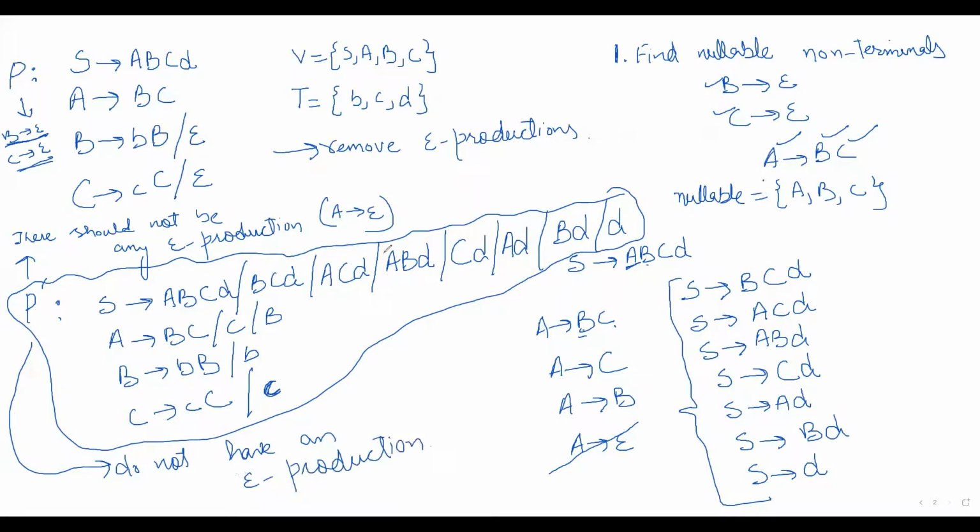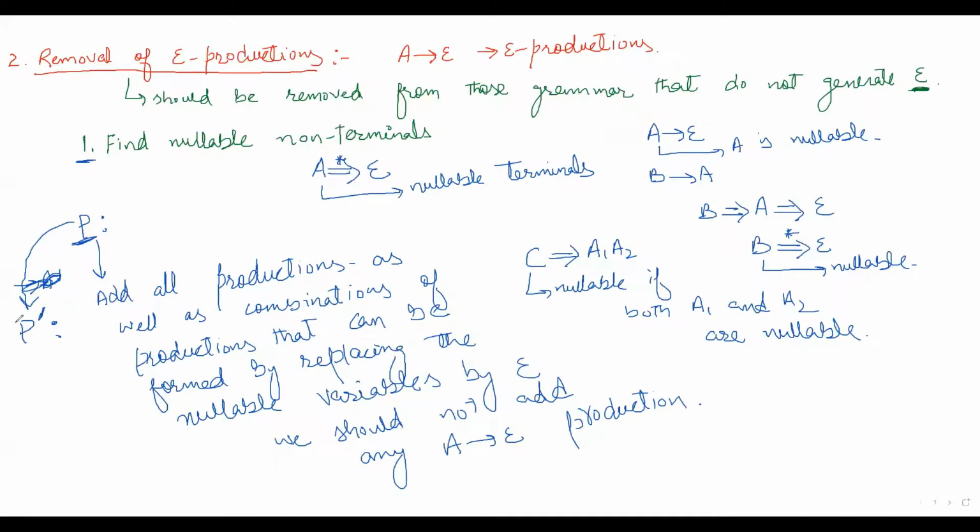So for removing epsilon productions, what we are doing first is to find nullable non-terminals. Then second, we generate new productions without epsilon productions. Add all original productions as well as combinations of productions that can be formed by replacing the nullable variables by epsilon.